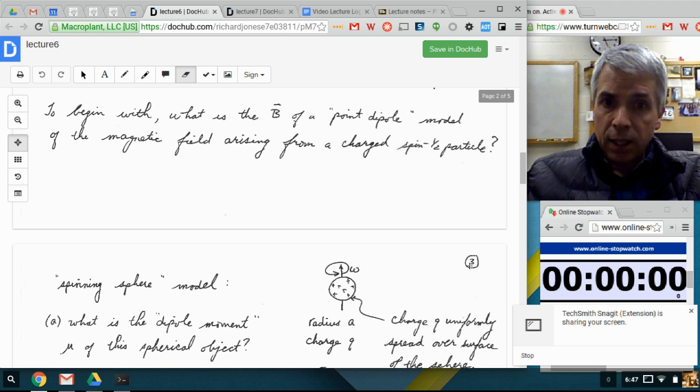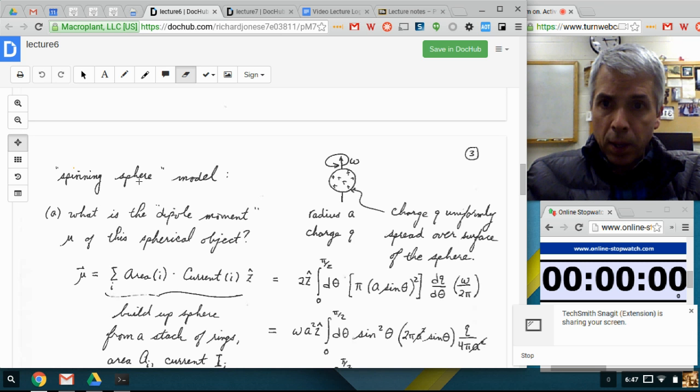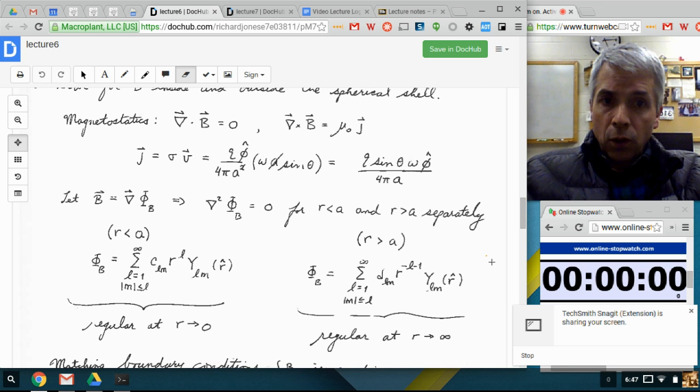I spent quite a bit of time reviewing this spinning sphere model, and you can see in the lecture notes all the detailed algebra and physics that goes through extracting a Hamiltonian for that system, computing the magnetic field at any arbitrary distance away from this in the limit where the radius of the sphere goes to 0.